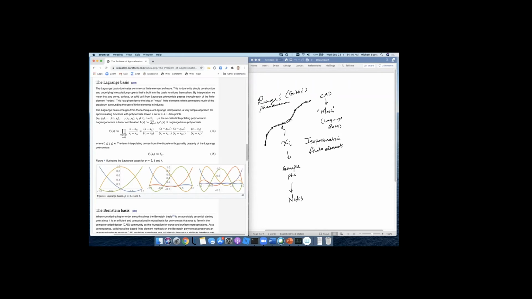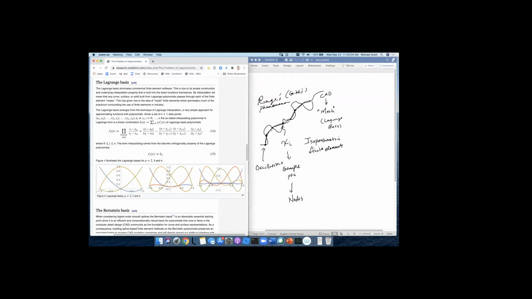Depending on how you pick your points, these polynomials are subject to oscillation. There's no guarantee that it diminishes; in fact, you can construct pathological examples where, in the max norm, that oscillation never diminishes with refinement.